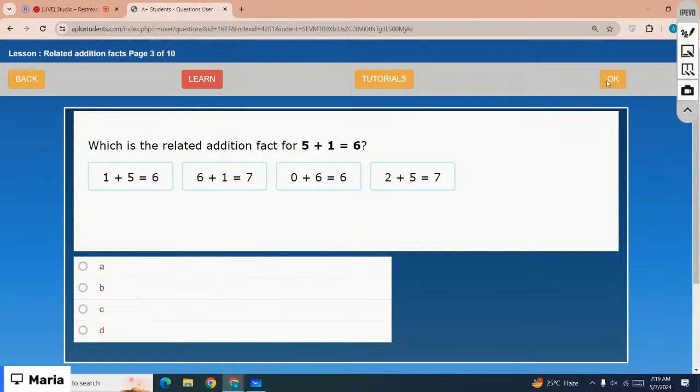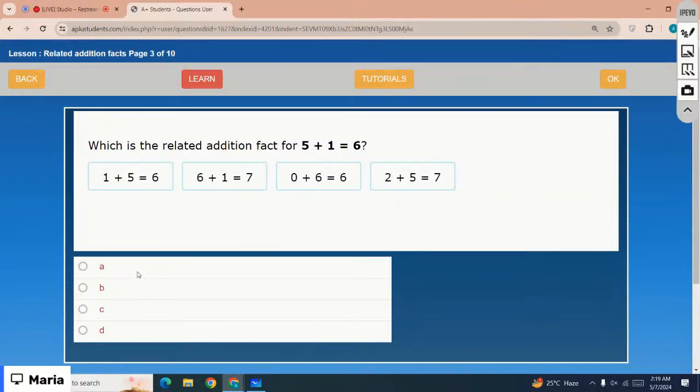Which is the related addition fact for 5 plus 1 equals 6? Which is the correct option? Yes, that is option number A again. 1 plus 5 equals 6 is the correct option.